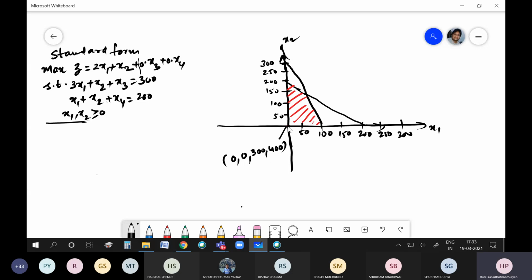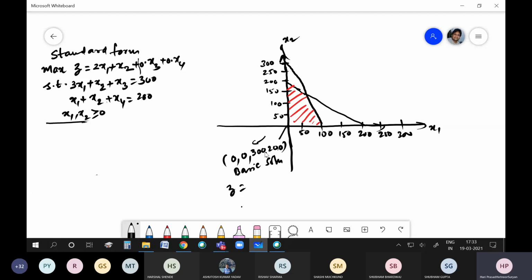Okay, so this point basically represents the basic solution, which is this. Okay, and what is the objective value here at this z? Sir, x4 is 200. 200, sorry. This is 200.